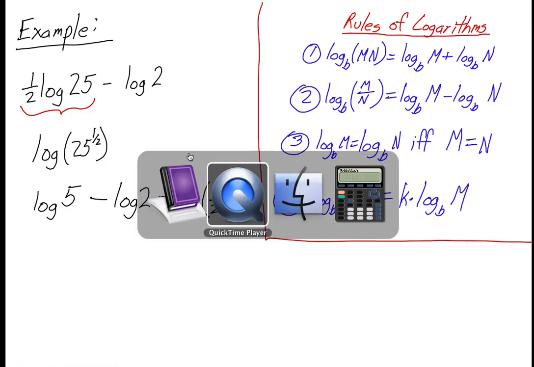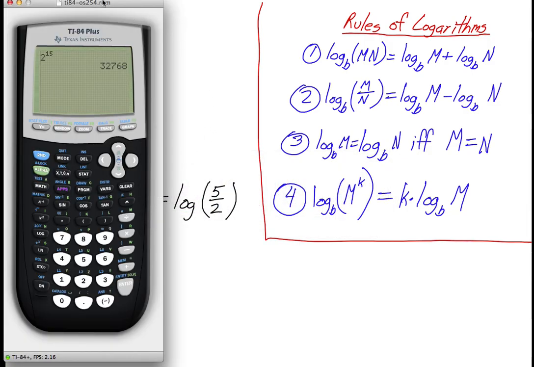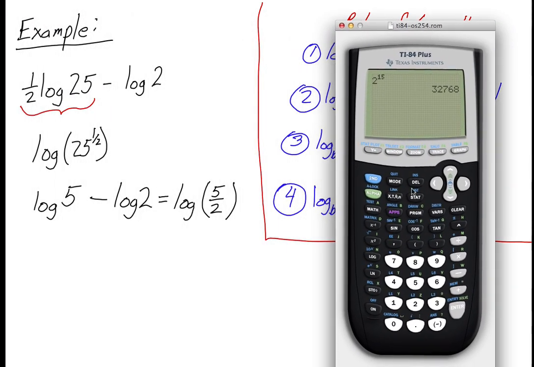Since we've got numbers, it's not a horrible idea to actually confirm this on a calculator. If we take 1/2, so 0.5, times the common log of 25, and we subtract the log of 2, we get this number, 0.397940, and so on.